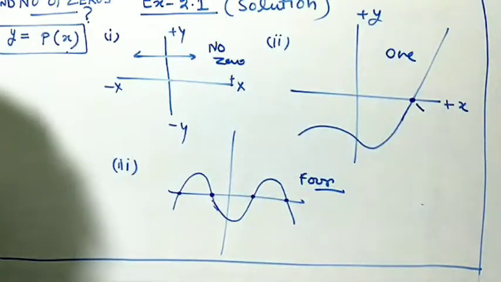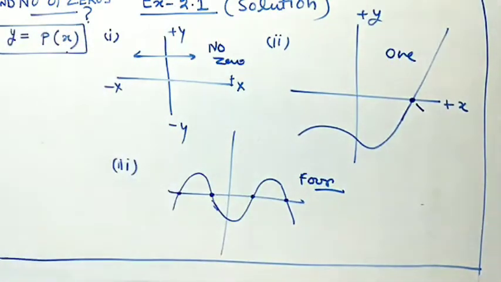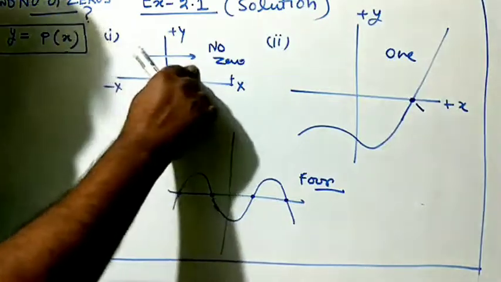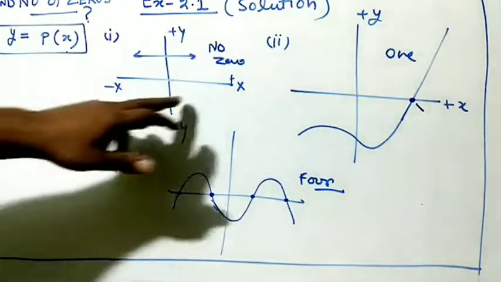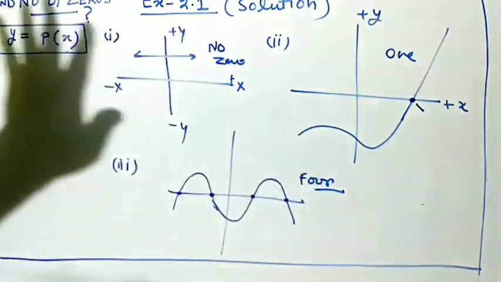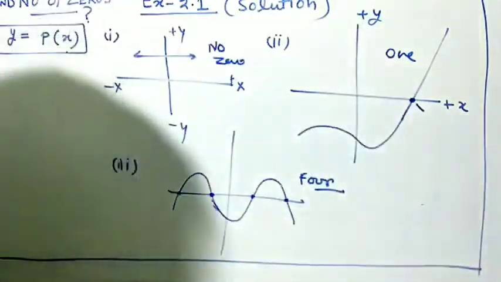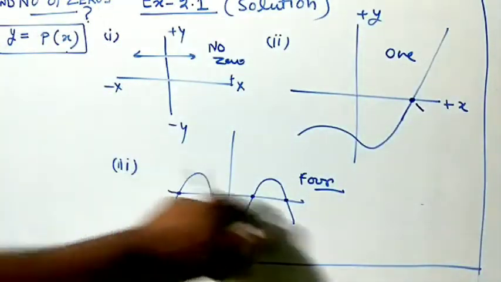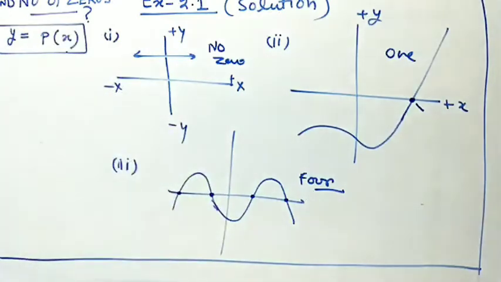Hope you understand well how to find the number of zeros in the graph section. This line does not cut the x-axis, so there is no zero. Here it cuts at only one point, so there is 1 zero. Here there are 4 cuts, so there are 4 zeros.